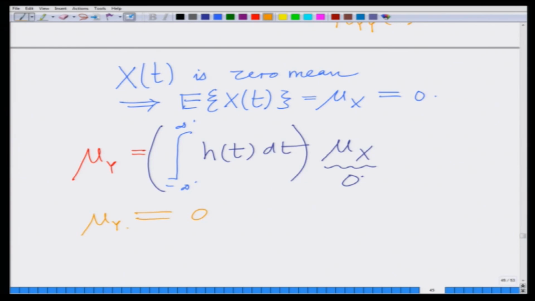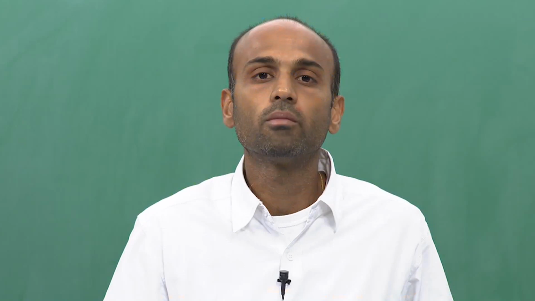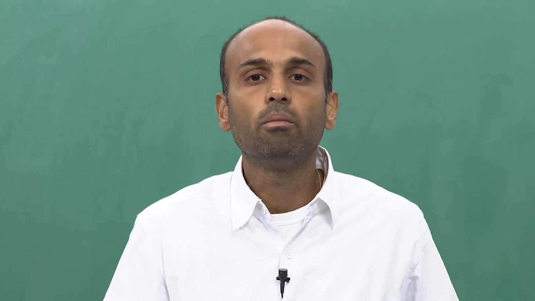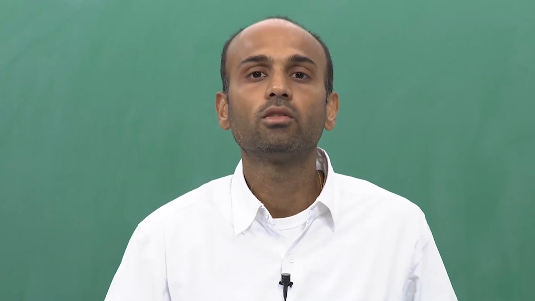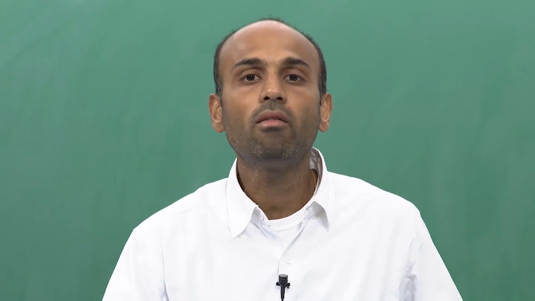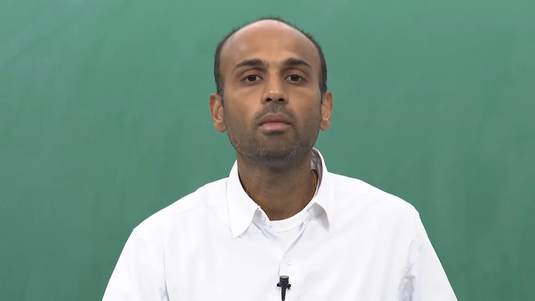The mean of the input random process x of t is 0, therefore, the mean of the output random process y of t is also 0, which means the power of the random process is the same as the variance.